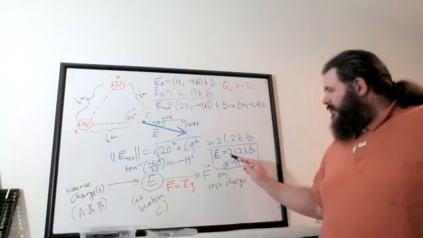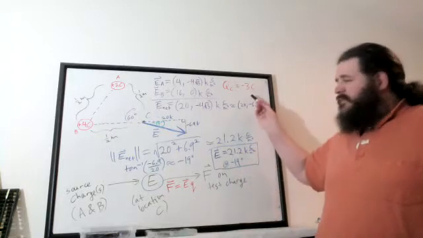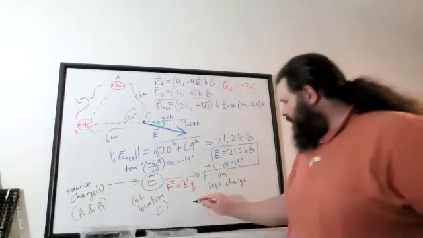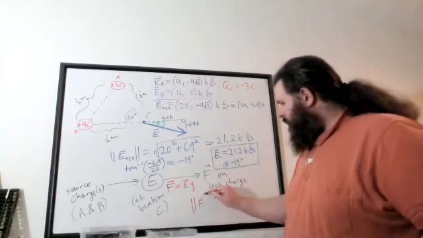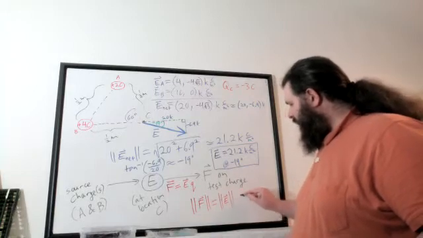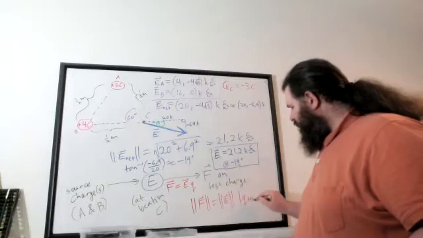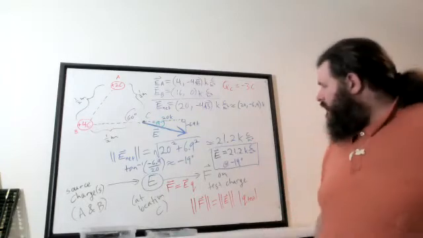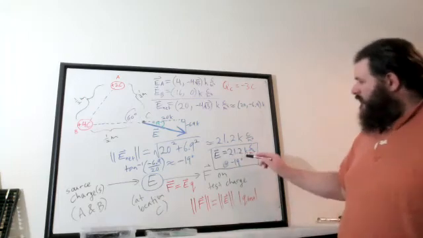The magnitude is just going to be 21.2 K times 3. Right. The magnitude of the force is the magnitude of the electric field times the absolute value of the test charge, because magnitude is absolute value for vectors. So the amount of force is going to be 21.2 times 3.